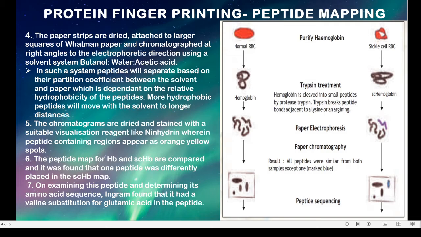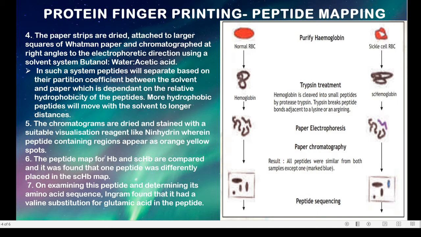Whatever separation has been done in paper electrophoresis, we place that Whatman filter paper at a right angle to the electrophoretic direction. In the previous technique the protein was separated into different peptides. Now you keep it in the direction where there will be a further separation of each of the peptide samples.